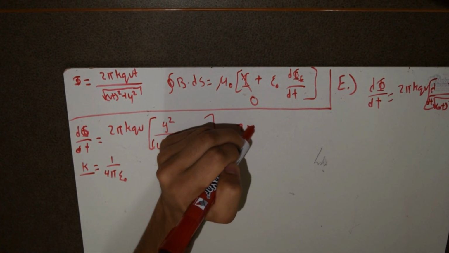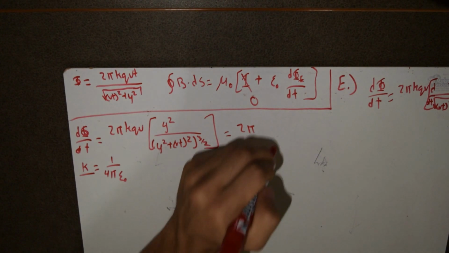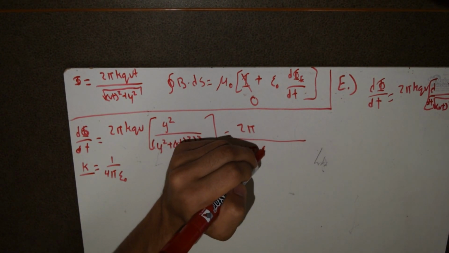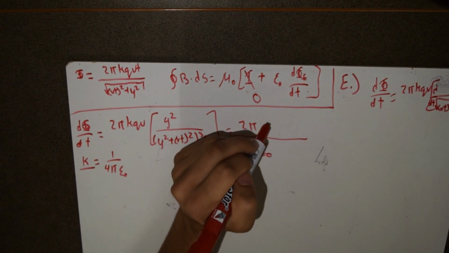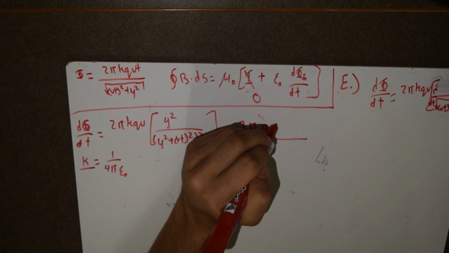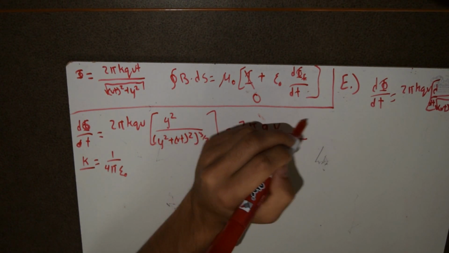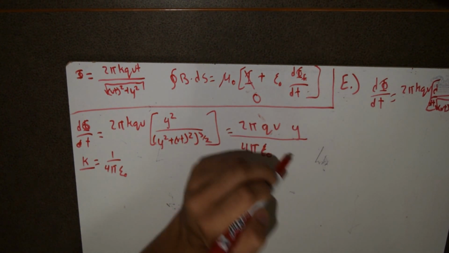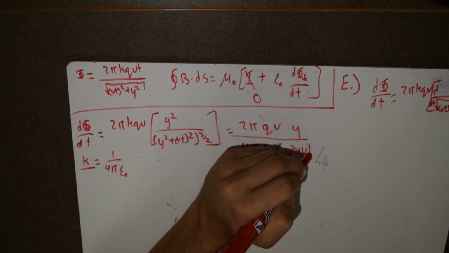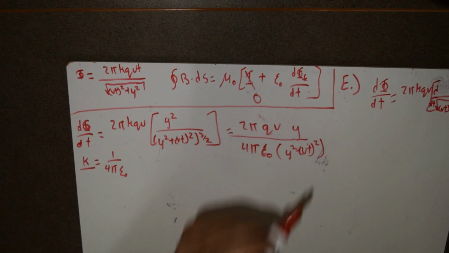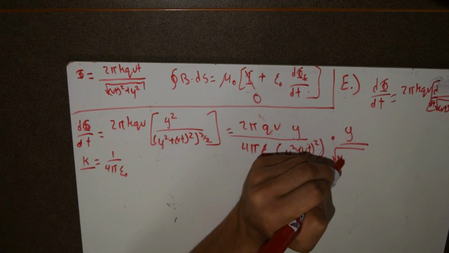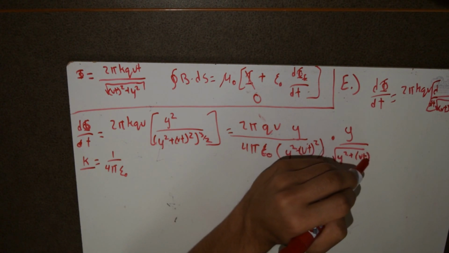So we'll make that substitution, and I'll rewrite this in a way that makes it easier to manipulate. So 2 pi, rewriting k as 1 over 4 pi epsilon naught, times qv times y squared plus vt squared, times y over the square root of y squared plus vt squared.